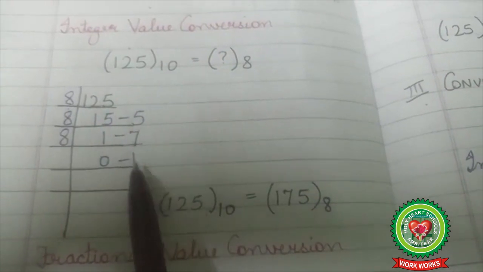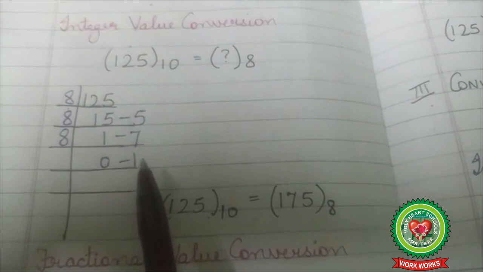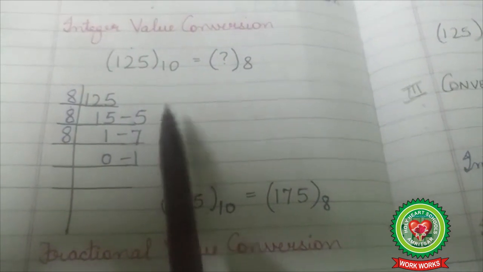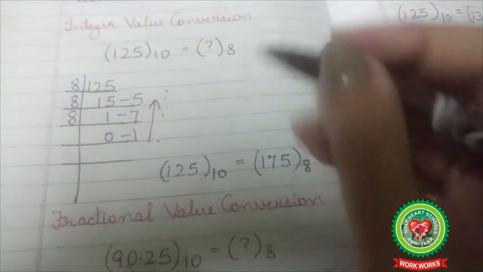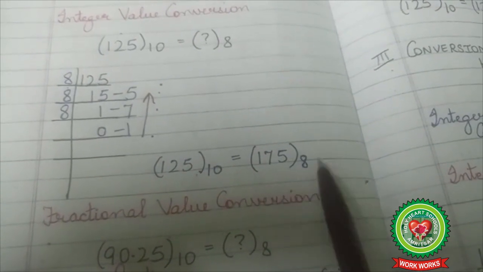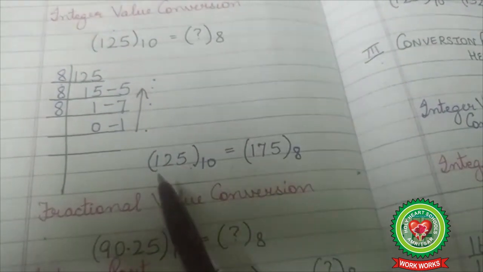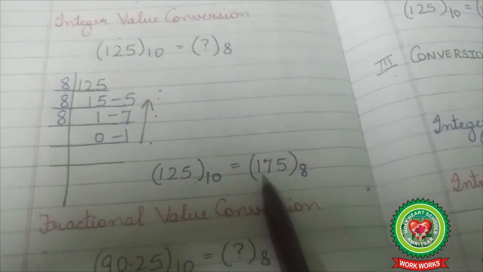So in this way we have got the remainders 5, 7, 1. As you all know, we write these remainders in reverse order, so the answer will be 175 base 8. Hence we have converted the decimal number into the octal number.